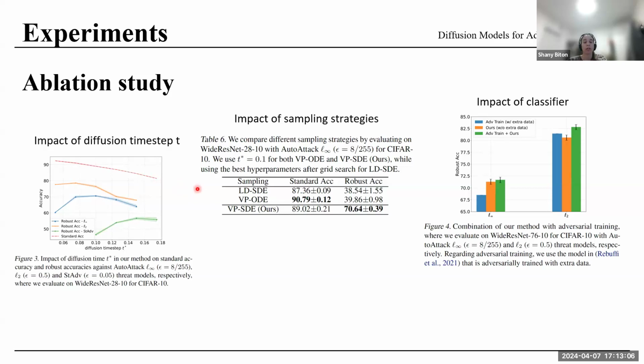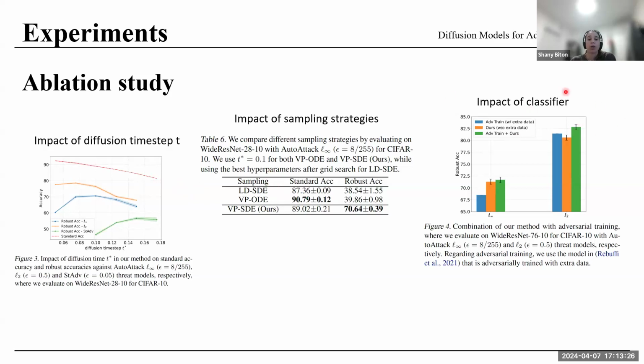And compared to VPODE, this sampling strategy introduced much less randomness to the defense model, and thus it's more vulnerable to adaptive attacks from the randomized smoothing perspective.